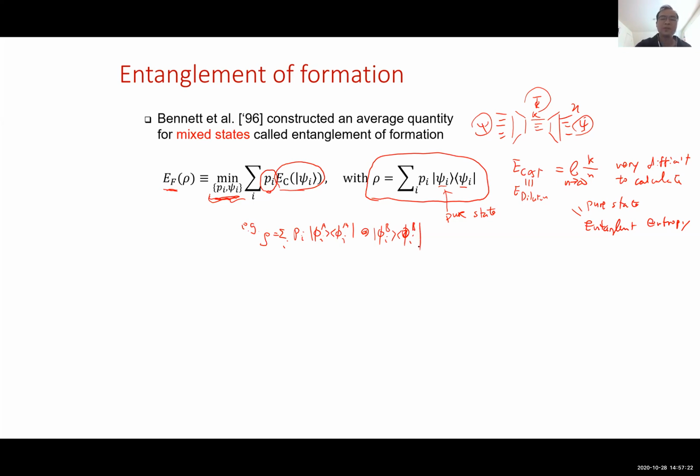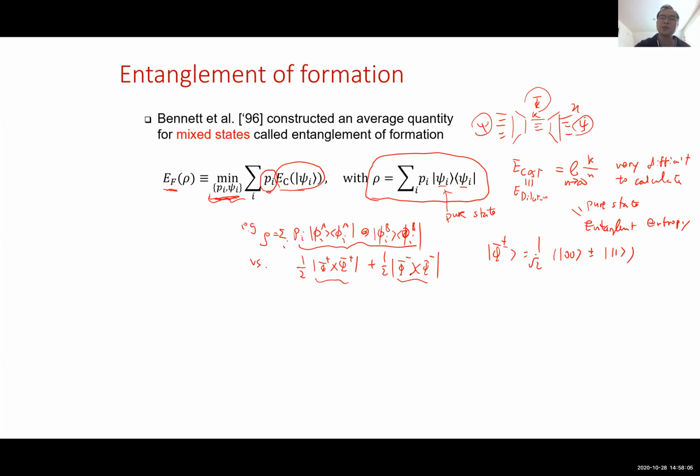But sometimes you might be able to take a decomposition which is not really in terms of this. For example, if you take a mixture of this, it's a mixture of two Bell states. So let me just remind you what these are. If you take a mixture of these, each is highly entangled.